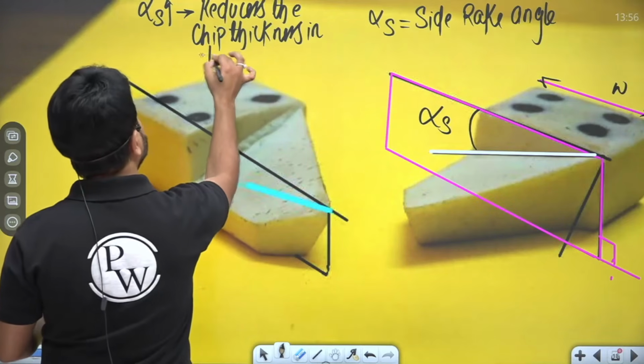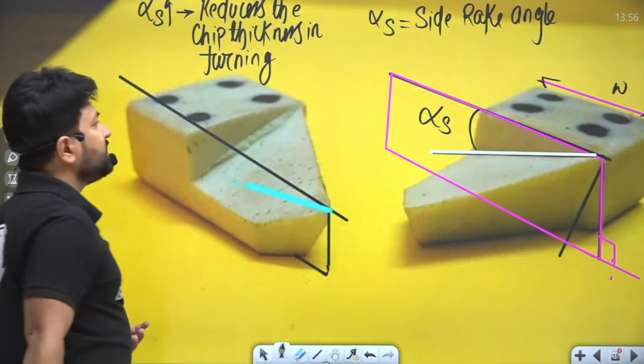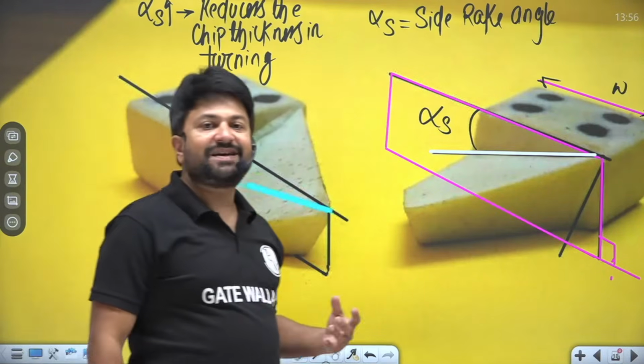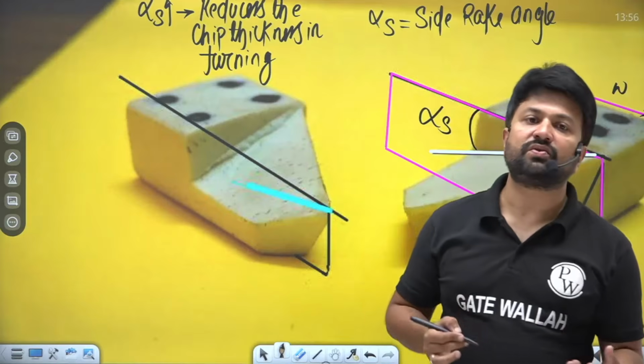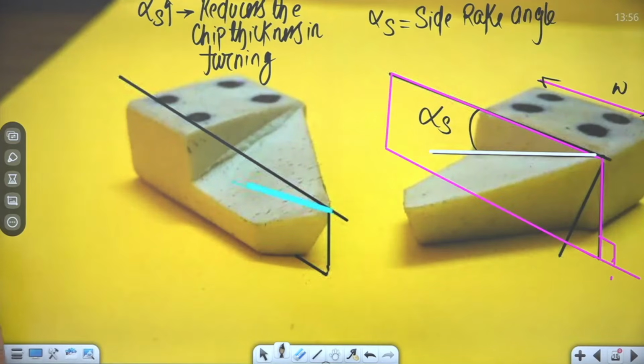So in turning also, the side rake angle controls the flow of chip. Clear? I hope the thing is crystal clear.